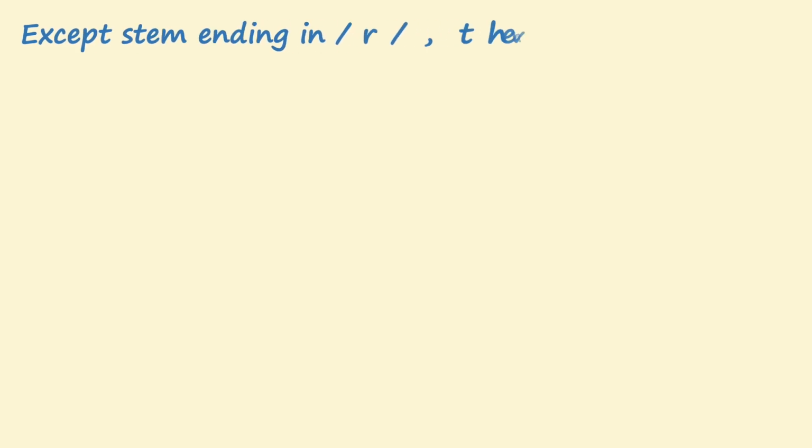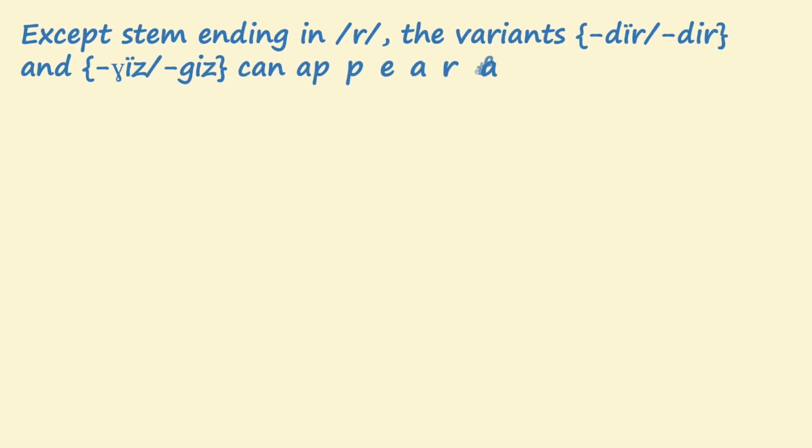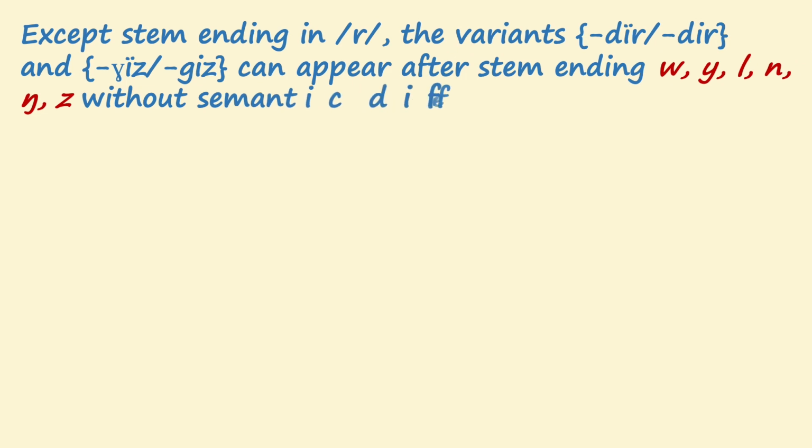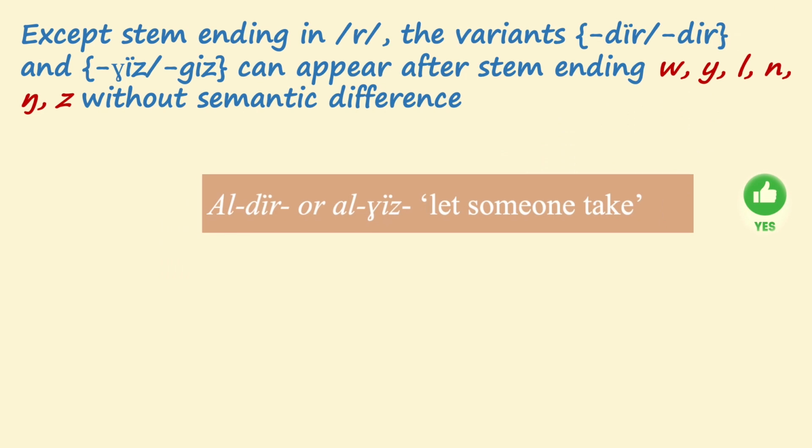We don't say oturdur, bardır, жүрдір, or berdir. Those are wrong. Except for the stem endings in r, the variants dır, dir, and gız, giz can appear after stem endings u, i, l, n, ng, z without semantic difference. For instance, aldır or algız, let someone take.